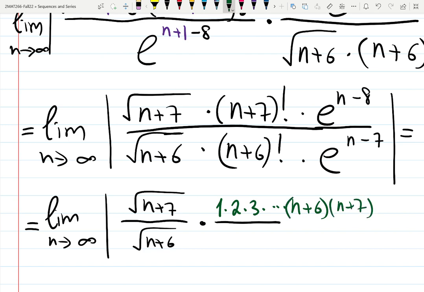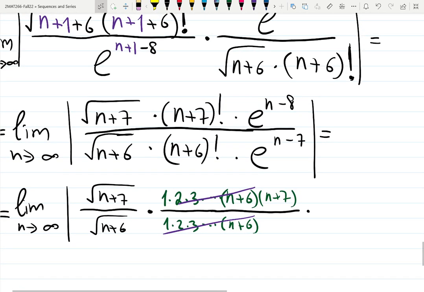That's the definition of the factorial n plus 7 factorial. 1 times 2 times 3, blah, blah, blah, n plus 6, and it stopped. Since all of these are products, not sums or differences, you can cancel out the products, and the tail stays wherever it was. So the one that has a larger number will stay as a tail. Well, I don't know, that's not a professional way to explain it, but I like it.